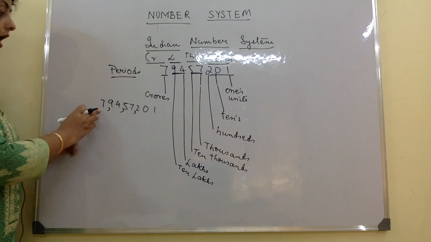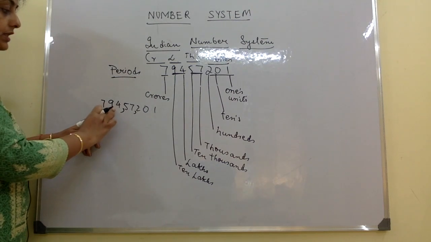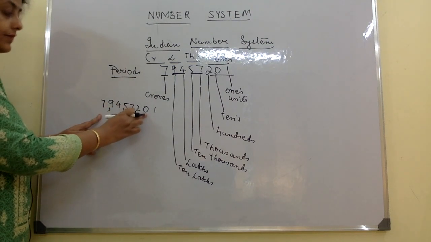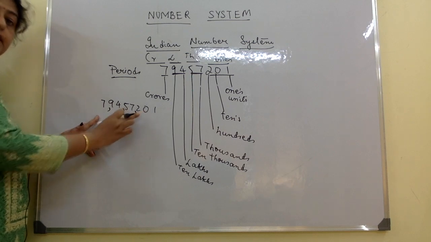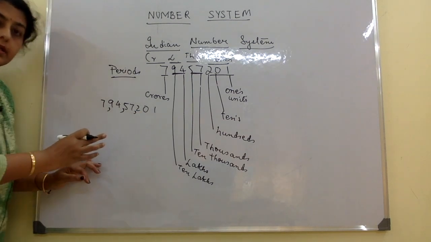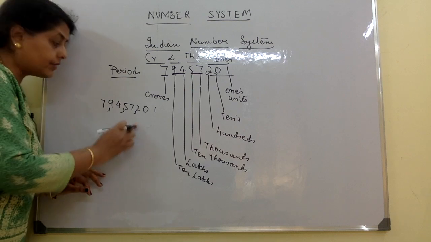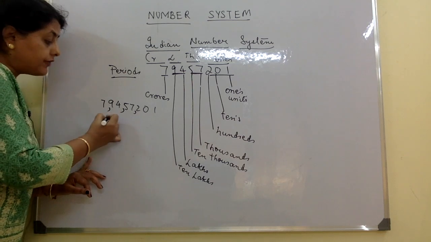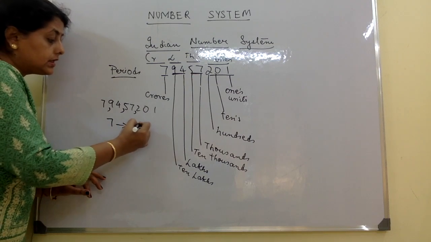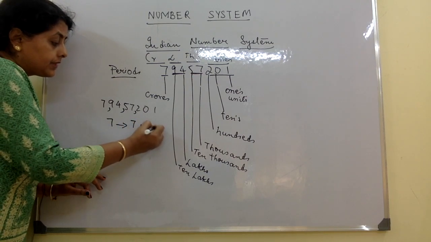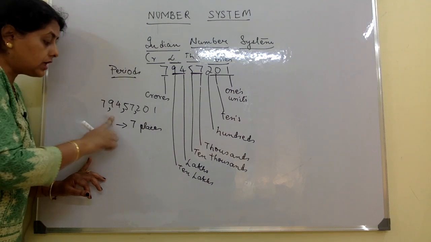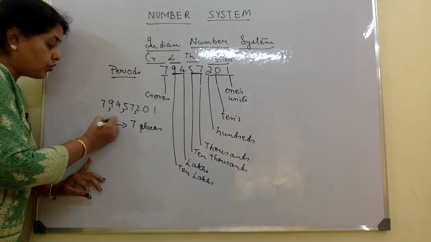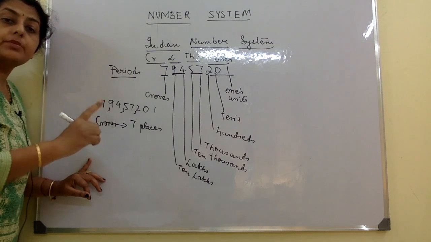Not only that, after the 7 there are 7 places: 1, 2, 3, 4, 5, 6 and 7. That is, after crores there should always be 7 places.